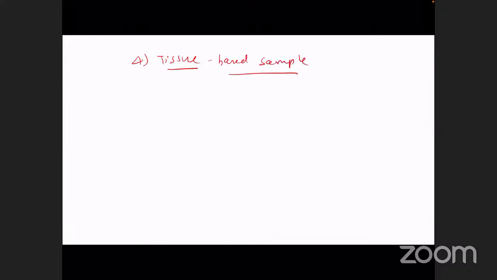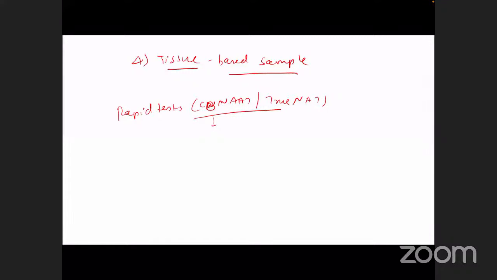Now, one very, very important thing I want to discuss: the rapid tests, that is CBNAAT and TrueNAT, can be used routinely only for 3 types of samples. For pulmonary TB, it can be sputum or BAL.